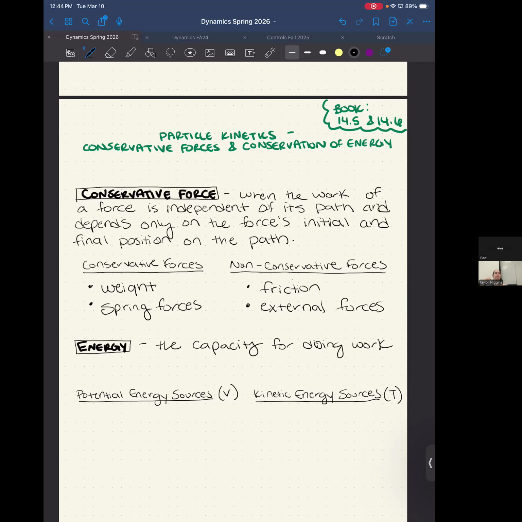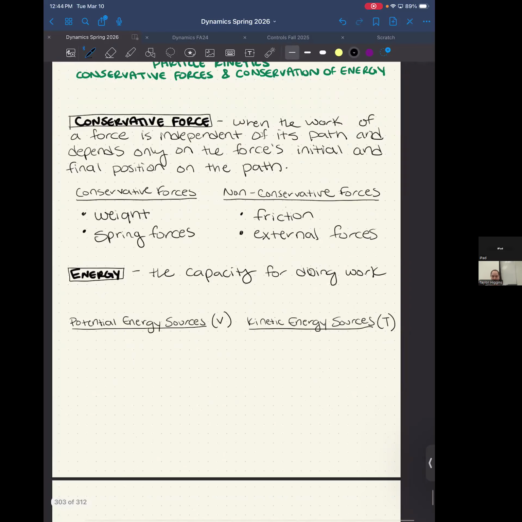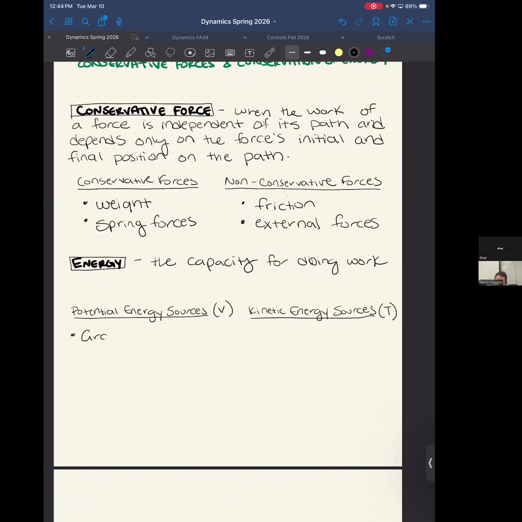Gravitational potential energy, spring potential energy. Anything else? Electric, I think you mean more like batteries, which is actually a chemical potential energy. There are chemicals that do a chemical reaction that causes that voltage supply. So for this class, the only sources that we will worry about are the general classifications of potential energy and kinetic energy. And for potential energy, we will only worry about gravitational and elastic, so spring potential. Okay, so for potential energy, we will have gravitational potential energy.